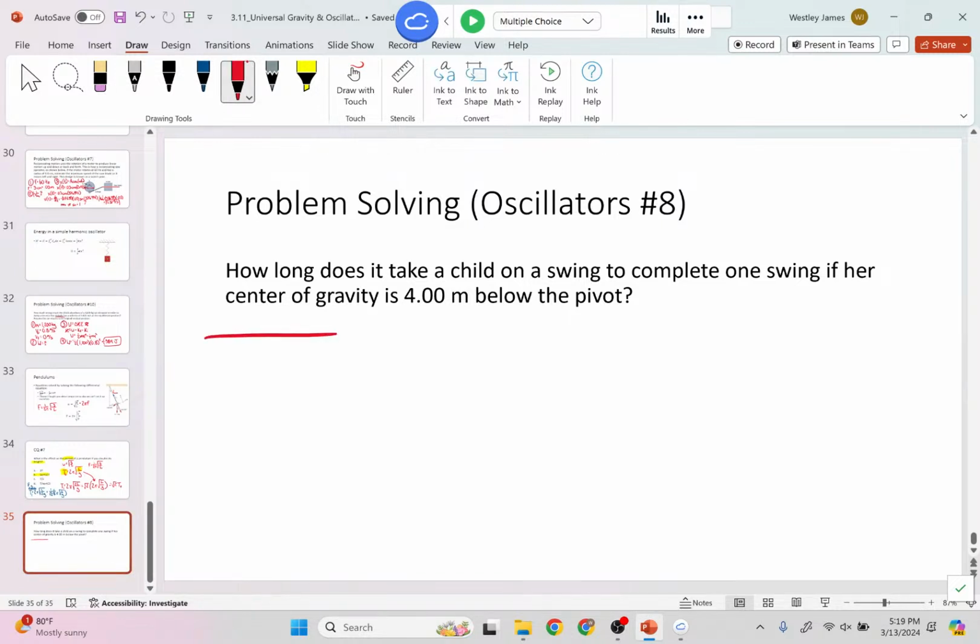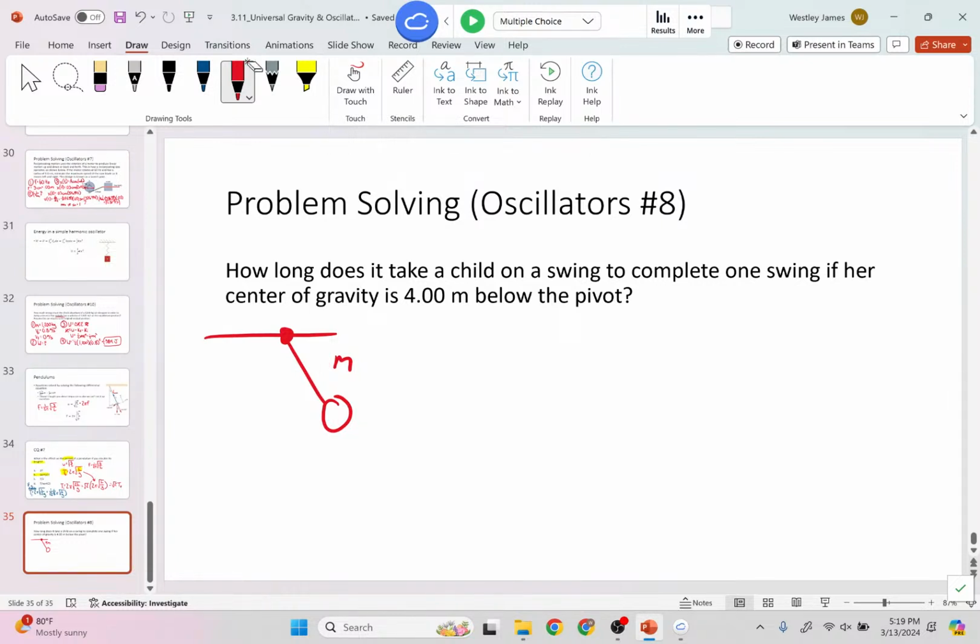How long does it take a child to swing? There's a string, there's the kid. This is the pivot, where it can actually wiggle, and the kid is 0.4 meters below that.